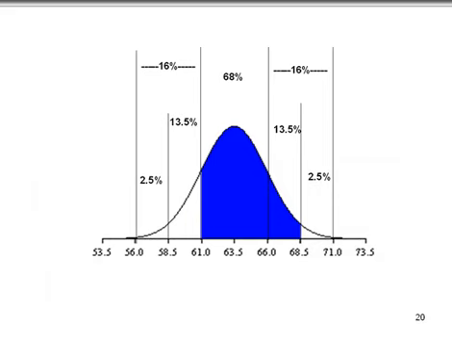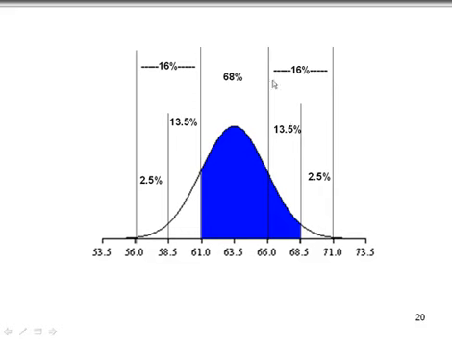Can you see how this graph summarizes everything? 68% within one standard deviation. The remaining 32% split evenly between the tails, 16% and 16%. 95% is within two standard deviations. This leaves 5% to be split equally between the upper two tails.